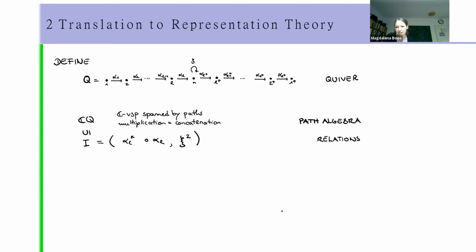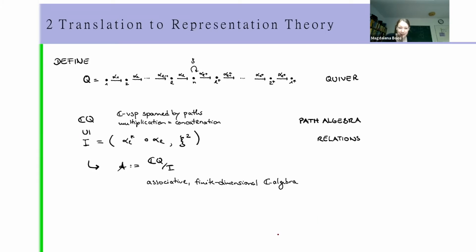This is what's called relations, the ideal. And now we get the quotient algebra, and that's the algebra we work with. And the nice thing is it's associative, and it's also finite dimensional, because we got rid of these infinitely many loops, because 2 times the loop is 0 already.